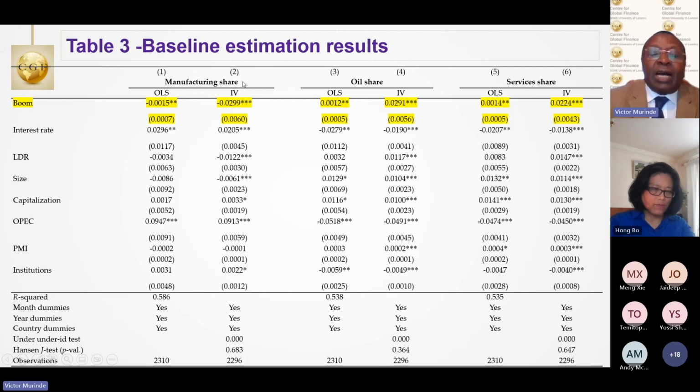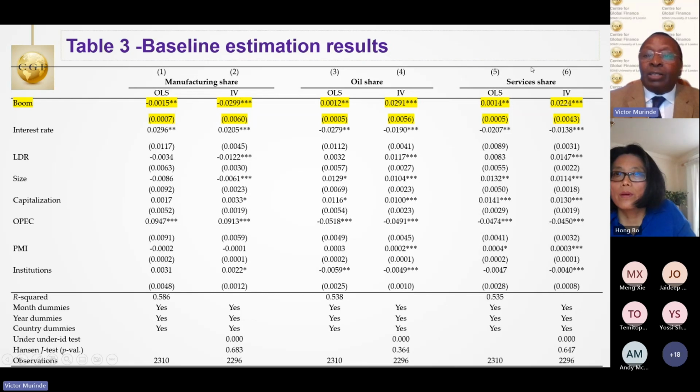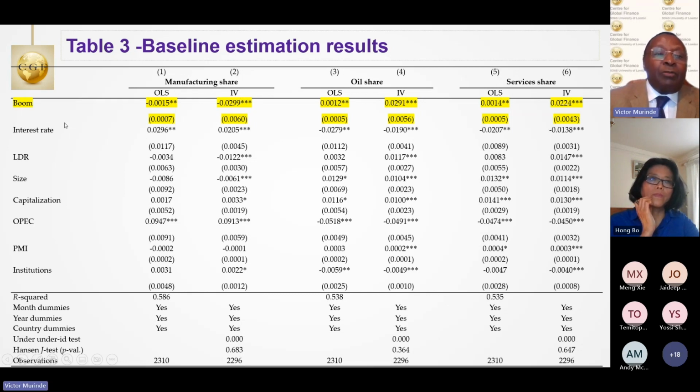Here we are looking at the share of bank credit to manufacturing, the share of bank credit to oil, and the share of bank credit to the services sector. The oil and services sectors are non-tradable, manufacturing is tradable. And our variable of interest is the boom.